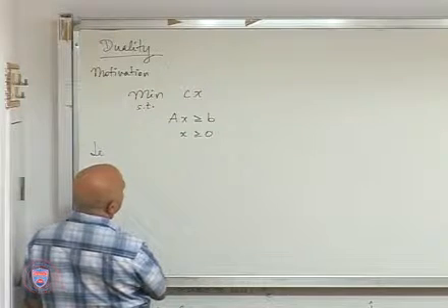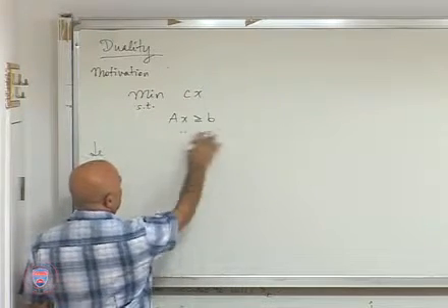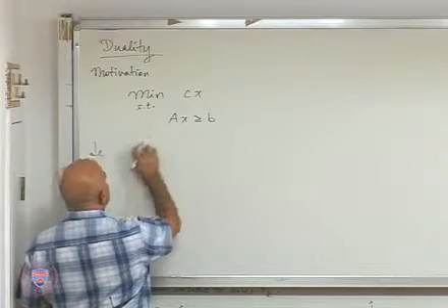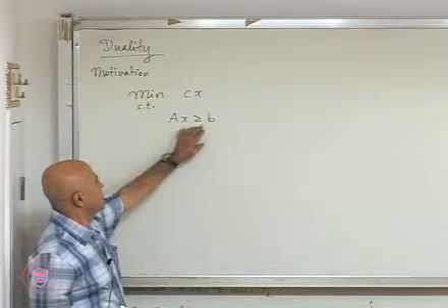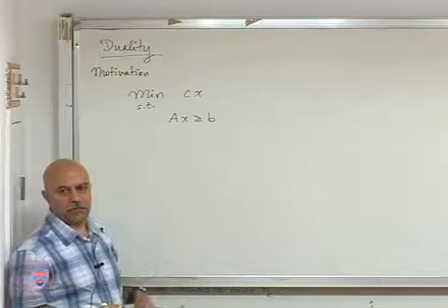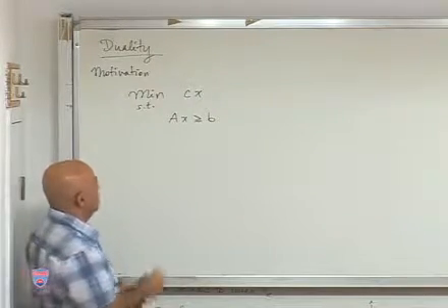Well, let's forget this. Let me just take it this way, where Ax greater than or equal to b possibly includes non-negativity as well. Okay?